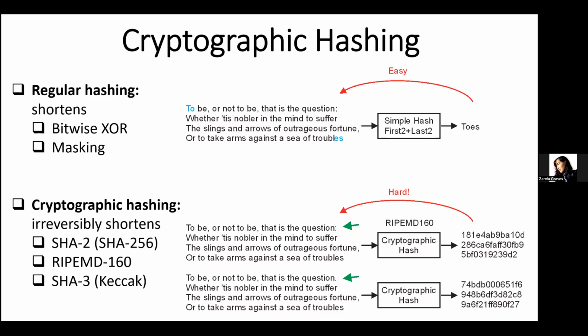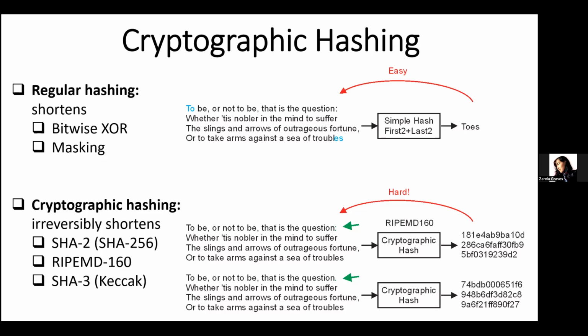It sends those 160 bits completely scattered. There's no relationship between these hashes for that very small change, right? So that's the key to cryptographic hashing. You can't tell anything about what made it, and you can't generate a collision.